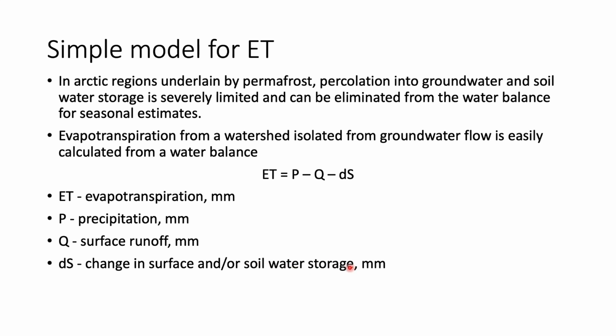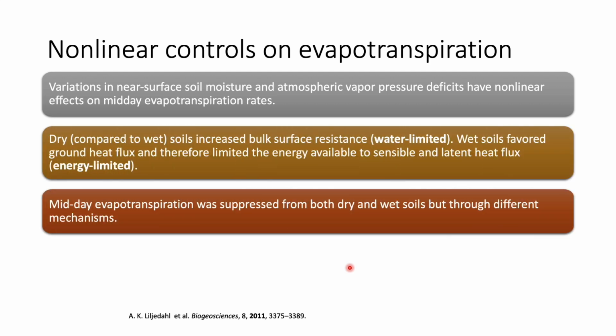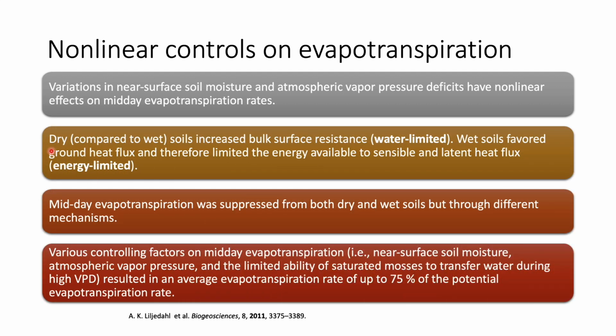From this we can measure the evapotranspiration happening in the Arctic. There are various nonlinear controls on evapotranspiration: the variation in near surface soil moisture and the atmospheric vapor pressure deficits have a nonlinear effect on the midday evapotranspiration rate.